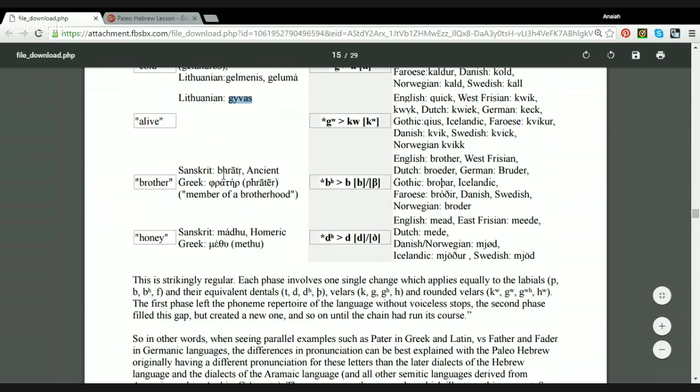Now this one's very interesting. This is brater, Sanskrit. Ancient Greek is frater. You've heard of fraternity? That's where it comes from. Then you've got right here, brother with a B. Broder, brother.